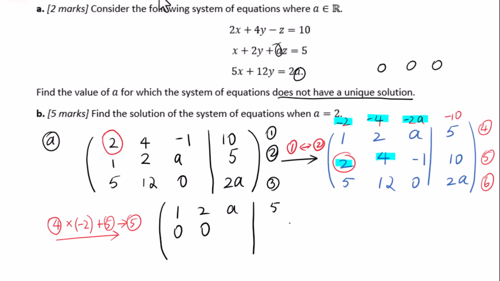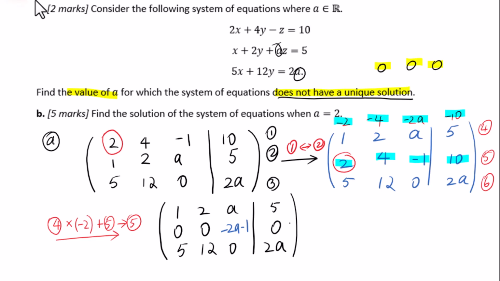Negative 2a add negative 1: negative 2a minus 1. Negative 10 add 10, 0. Row 6 stays 5, 12, 0, 8. We try to find the value of a for which the system of equations doesn't have a unique solution.